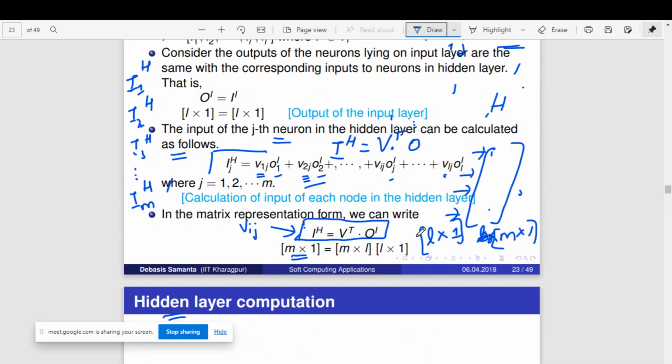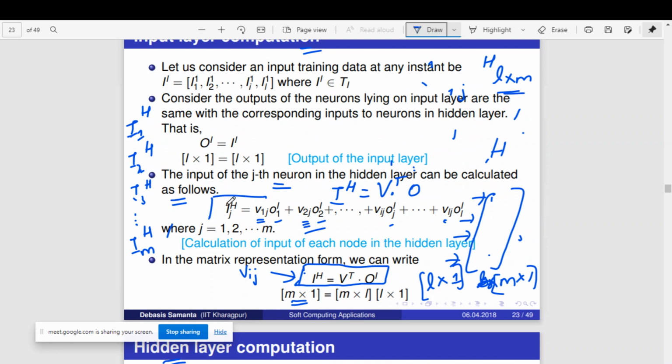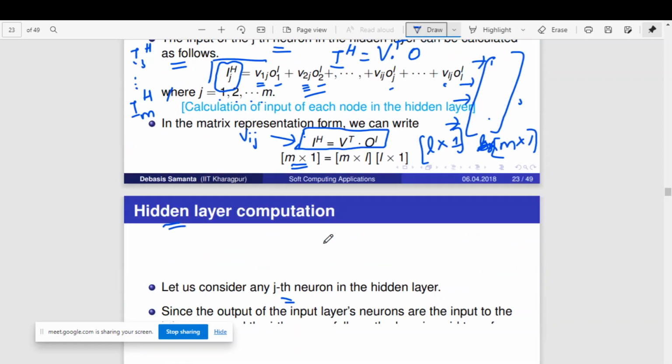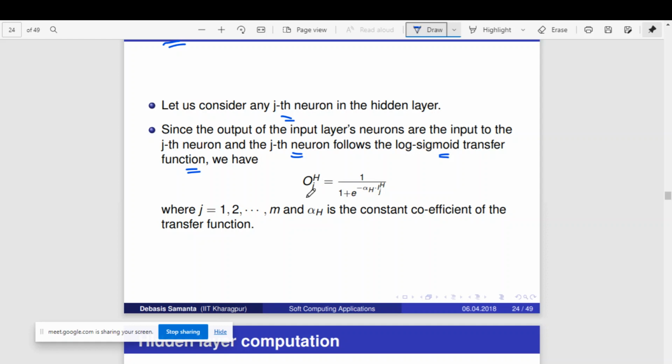It is the value for that neuron which we calculated in the previous step, the input of the jth neuron, where j goes from 1 to m. So the activation function is 1 by 1 plus e to the power minus alpha h into the input of the hidden layer. That's it.